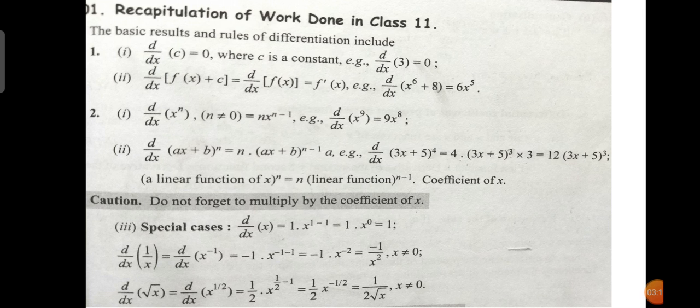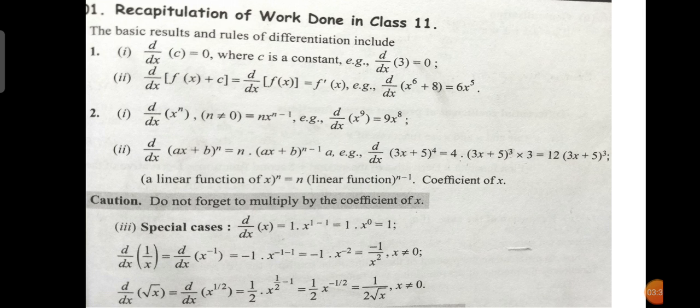And some special cases are there. d by dx of x is 1 into x raised to 1 minus 1, that is 1. So the differentiation of x with respect to x is 1. And d by dx of 1 by x is minus 1 by x square.